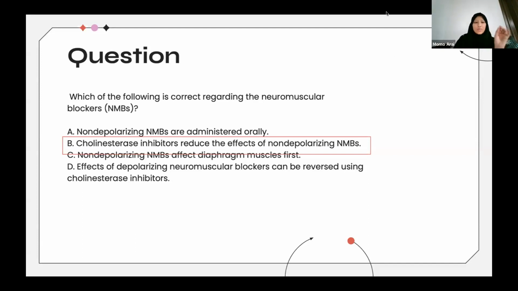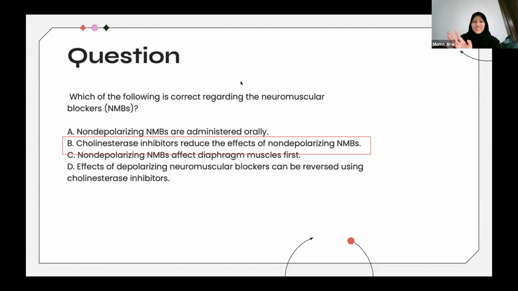Okay, so if you're using a cholinesterase inhibitor, cholinesterase is the enzyme that breaks down acetylcholine at the nicotinic receptors. If you're inhibiting the enzyme that breaks down the neurotransmitter, it reduces the effect of non-depolarizing neuromuscular blockers.